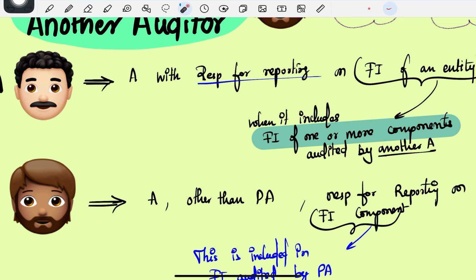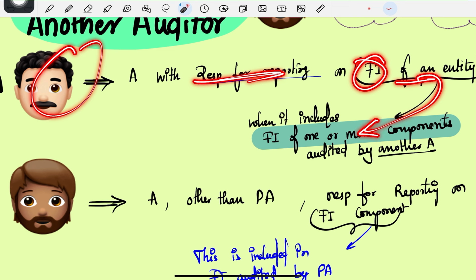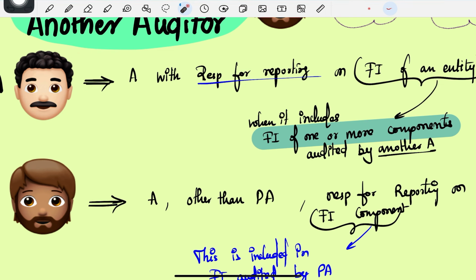He has a responsibility for reporting, but who has the responsibility for auditing the information of that component? Other Auditor has the responsibility for auditing the financial information of the component, but Principal Auditor has the responsibility for reporting on the financial information of the entity when that information includes information of one or more components.